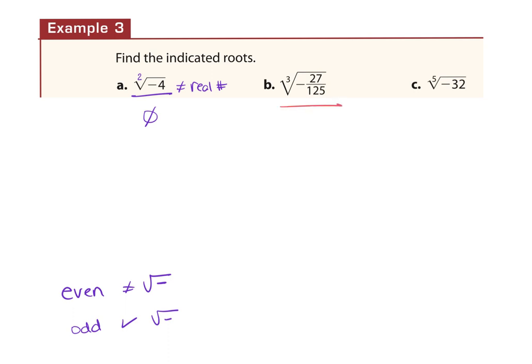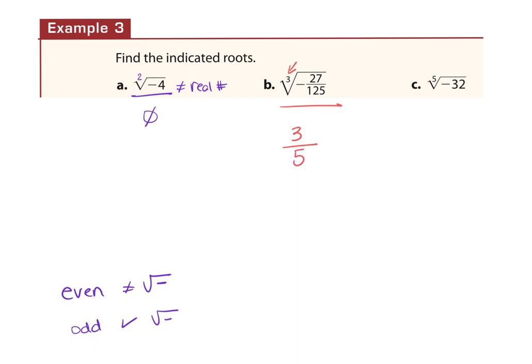-27 over 125. My index is odd. I need a number that multiplies 3 times to get this. It's going to be negative. For a fraction, just do the numerator and the denominator. So what number multiplies 3 times to give me 27? 3 does. What number, we just found it, multiplies 3 times to give me 125? It's 5.